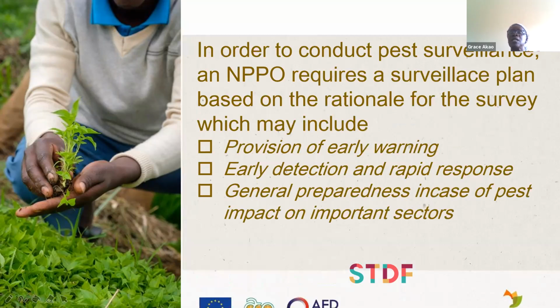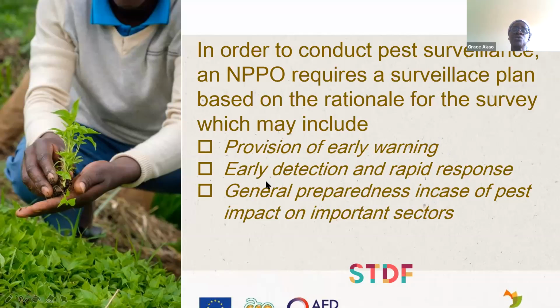In order to conduct pest surveillance, you as an NPPO require a surveillance plan based on the rationale of the survey. This rationale of the survey could include, you want to alert the population or alert the producers early enough so that the necessary actions are also taken timely.